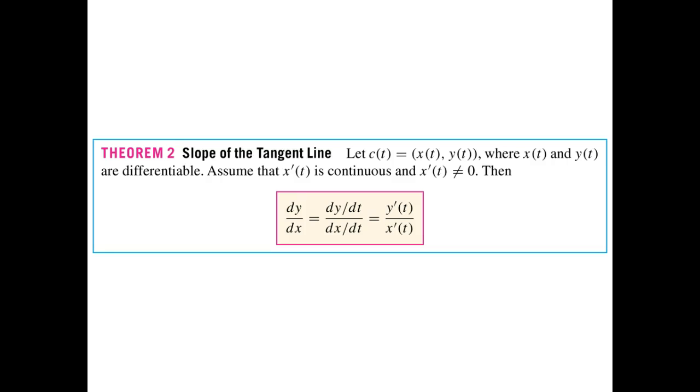But everywhere else it is defined, up to where it's 0, but not where it's 0. Then this is what your dy dx is, y prime over x prime, with respect to time, or t, whatever your t is.